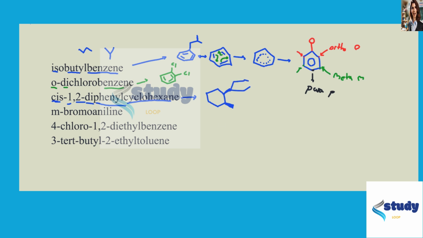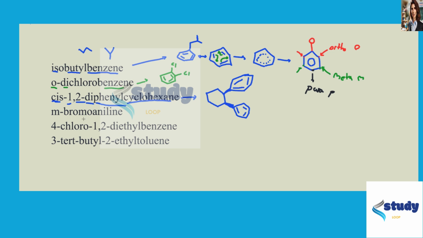Let me draw that better. That's 1 benzene, and that's 2 benzene. So we have cis-1,2-diphenylcyclohexane.